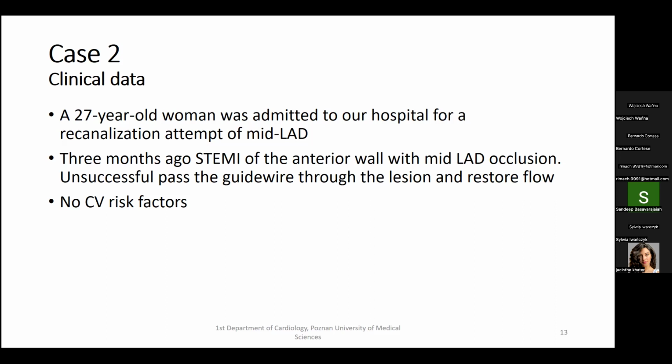There is one point. There is a consensus document of the ESC, published several years ago, where they say if it's a first presentation, you can give a long-term DAPT. But if the patient has further episodes of thrombus despite DAPT, then they recommend anticoagulation, not in the first episode.